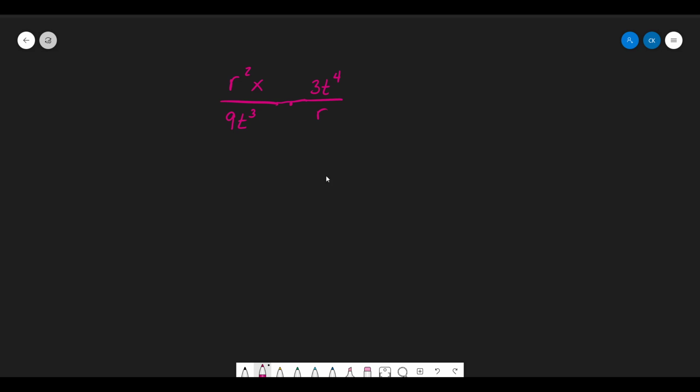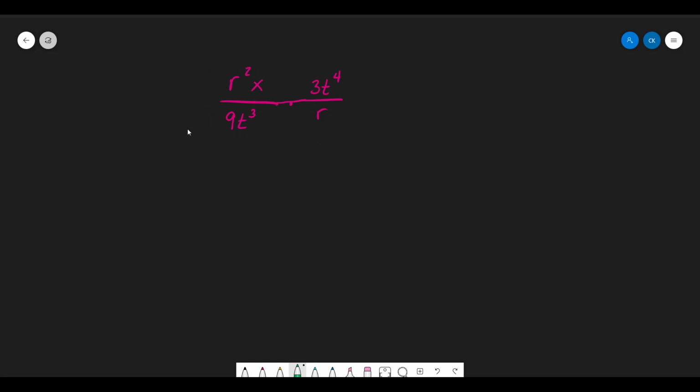So now that we have done that, the next step is to simplify. And just like we would simplify with a regular fraction, if we see a factor that's both on top and on bottom, we can simplify that out. So I'm going to start with looking at this r squared here. I see an r squared on top.